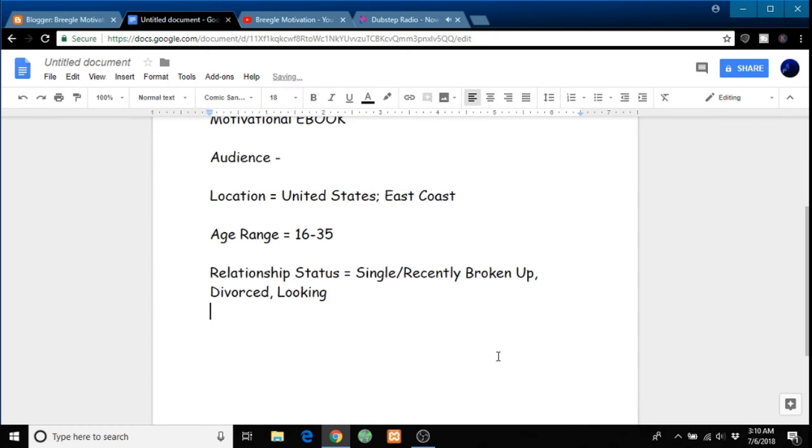Now, what do we want their average income to be? And yes, this stuff you can figure out by looking at all the primary cities along the East Coast. If we're using this example, we can find out what the average income is of each major city and then break it down from there.